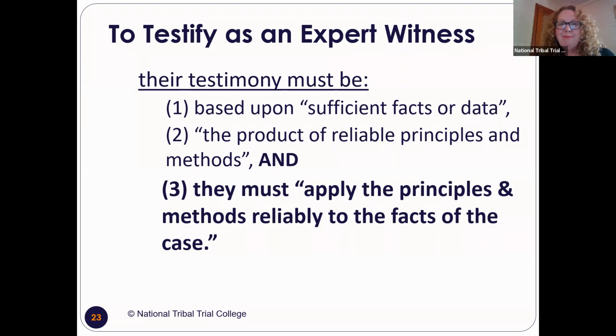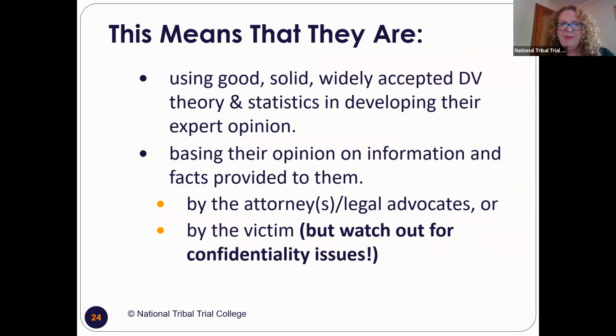Then they review it, and they take all of their knowledge and experience working as a domestic violence expert, or they've got a PhD in sociology and teach about domestic violence at the University of Wisconsin, or whatever it is that they do. They reviewed the materials you gave them, and then they applied their knowledge to the facts that you gave them.